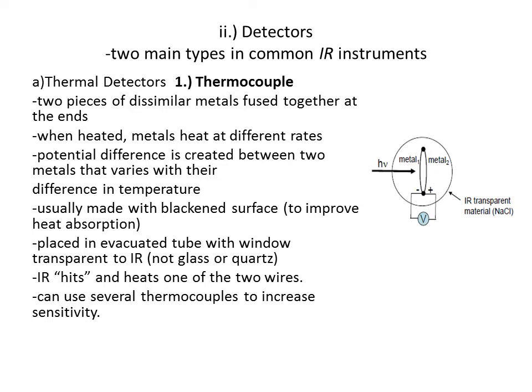It is usually made with a blackened surface to improve heat absorption, and placed in an evacuated tube with a window transparent to IR, but not glass or quartz. You can use some silicon based window. IR heats one of the two wires, and then we can use it as a detector. We can use several thermocouples to increase sensitivity. That is nothing but the thermopile.